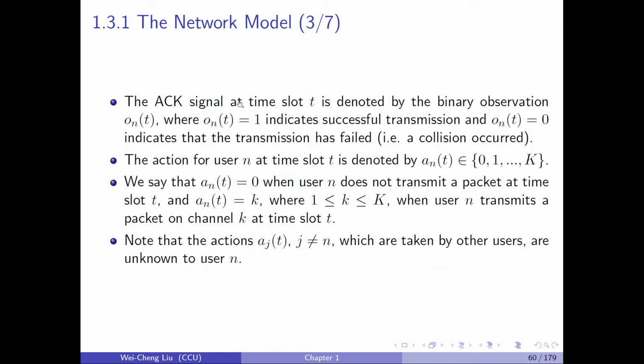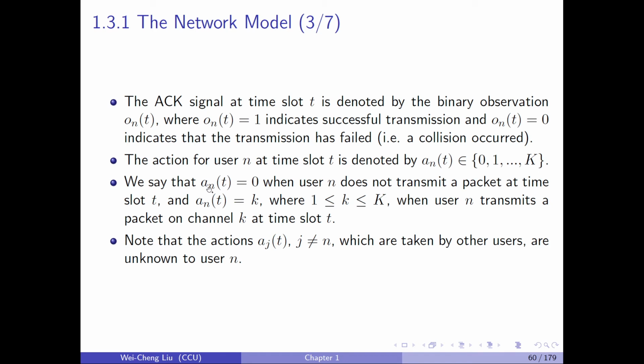The ACK signal at time slot t is denoted by the binary observation O_n(t), where O_n(t) equal to 1 indicates successful transmission, and O_n(t) equal to 0 indicates that the transmission has failed, that is, a collision occurred. The action for user n at time slot t is denoted by A_n(t), which is in the set {0, 1, ..., K}.